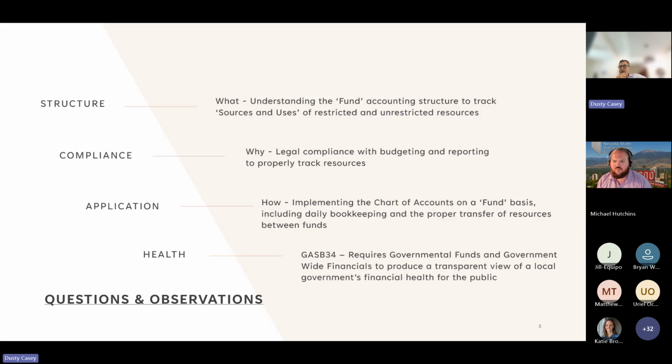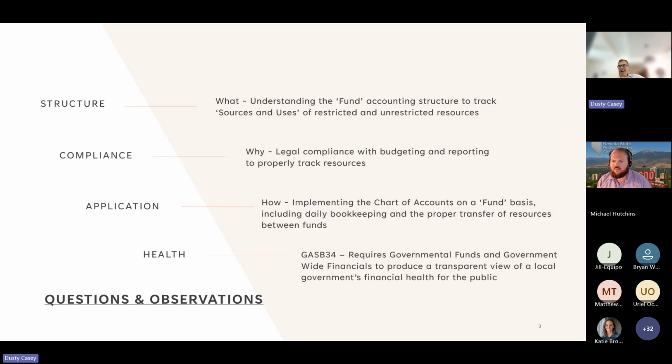That's what this all boils down to. Pretty much all of your resources are restricted in some manner because they are public, or possibly private grants, etc. And so we're going to talk about the structure, why it was developed, and why it's considered a best practice. Compliance, so legal compliance with budgeting and reporting to properly track these resources.